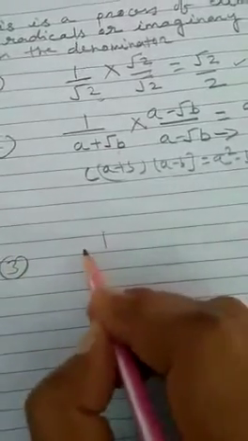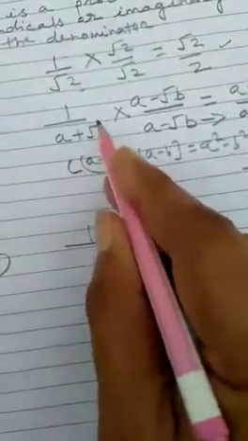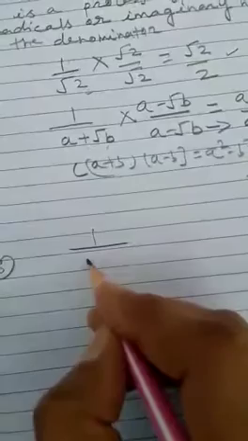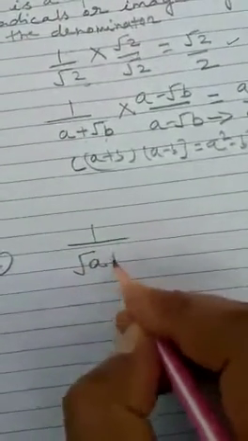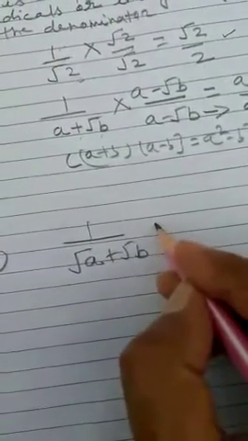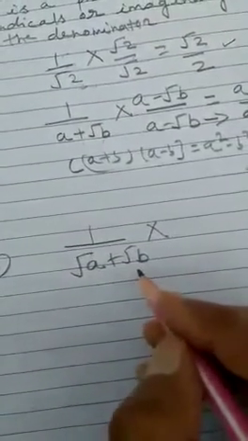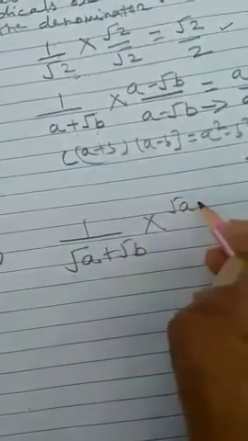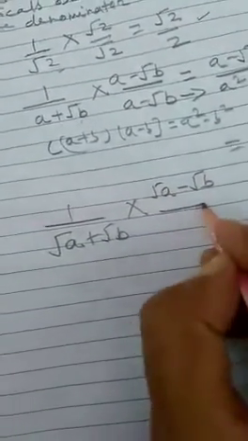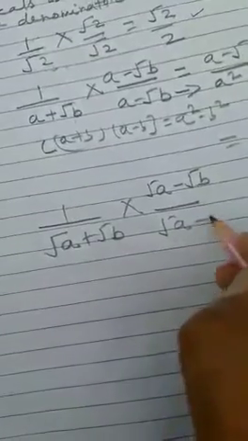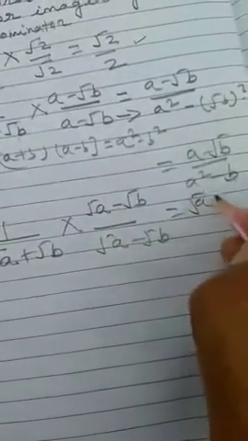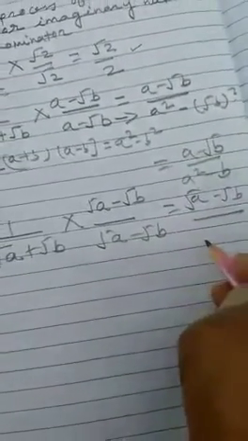If in the denominator square root numbers come on both sides, as root a plus root b, then we multiply by its conjugate, root a minus root b upon root a minus root b.